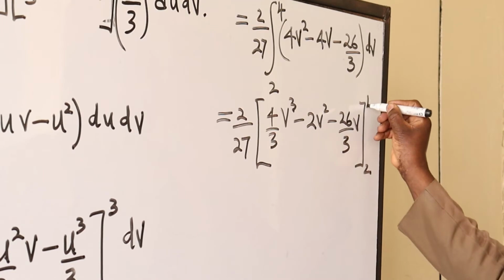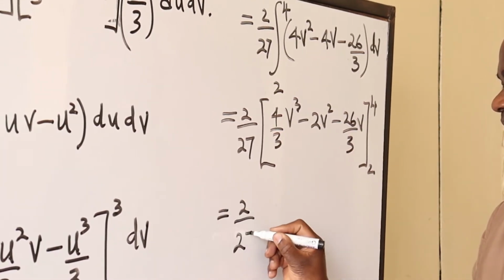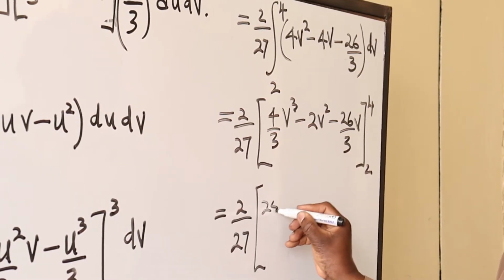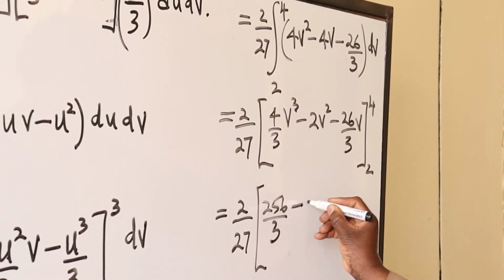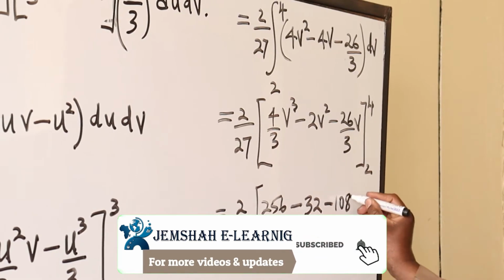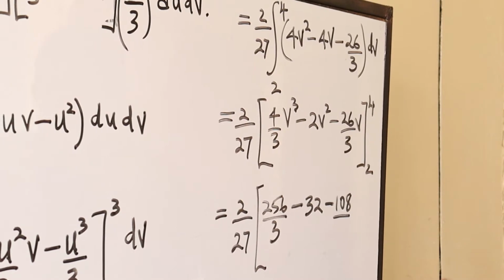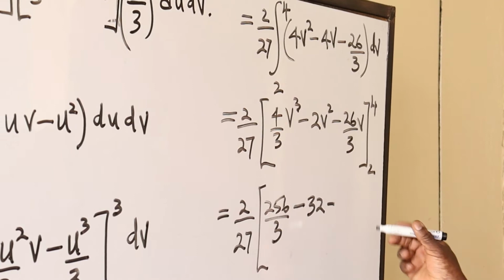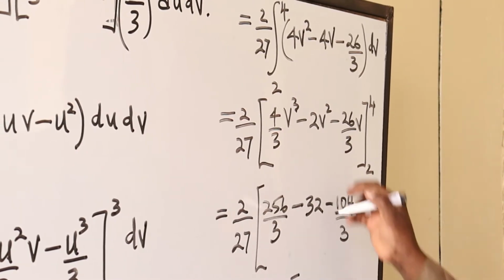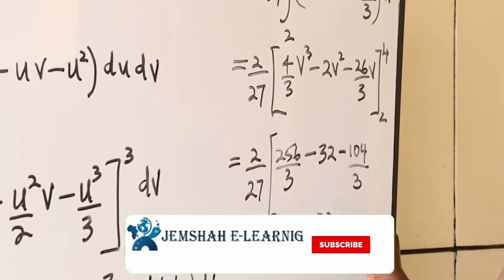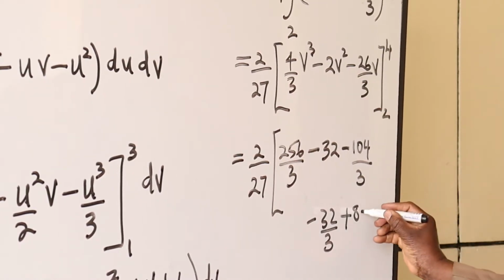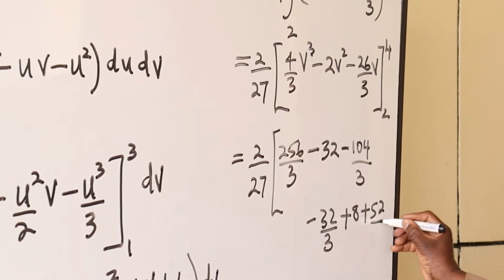We put limits from 2 to 4, which gives 2 all over 27 times 4 cubed, that's 256 all over 3, minus 32, minus 108, minus 104, minus 32 over 3, plus 8, plus 52 all over 3.